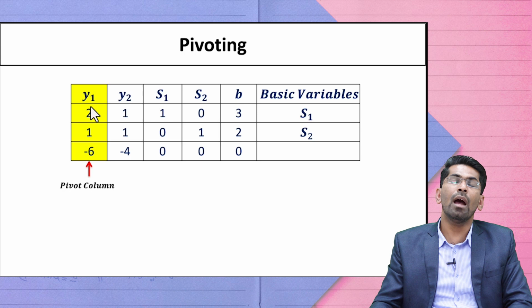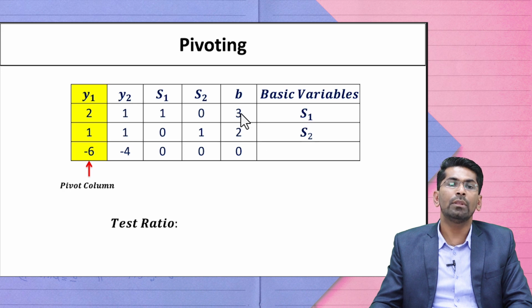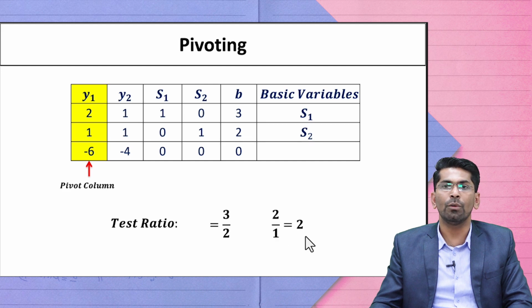Then for finding the pivot row, we consider the B values. We divide the B values by the pivot column elements. So here the test ratios will be 3 by 2, and the other one is 2 by 1, which is equal to 2.